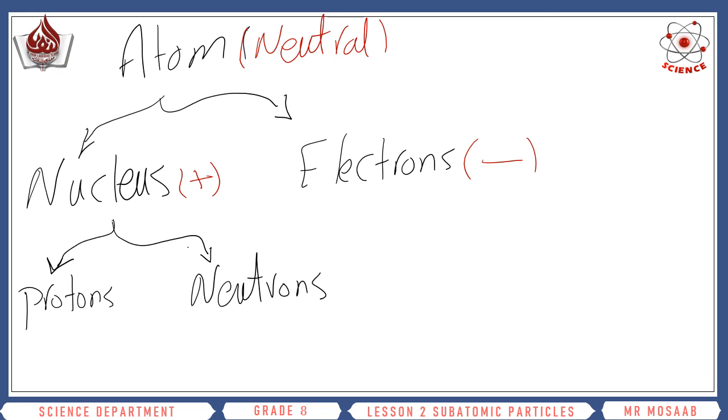When the positive charge equals the negative charge, at the end the atom will be neutral. The protons have positive charge, and the neutrons have no charge at all, not negative or positive, so we write zero. All right, this is for the charge.